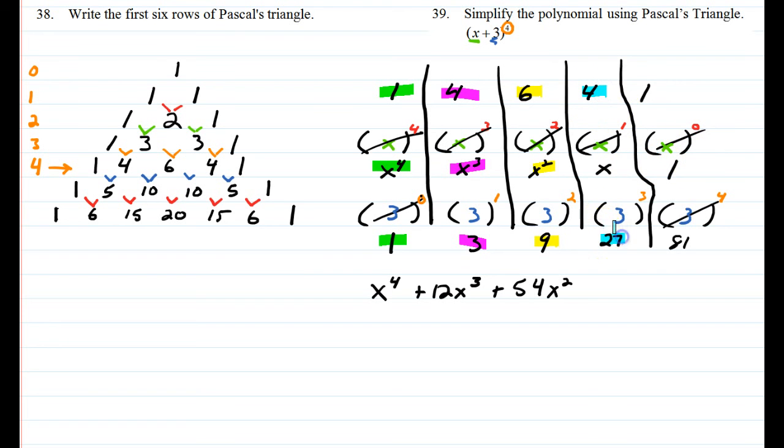Four times 27 times x give us 108, and then 1 times 1 times 81.